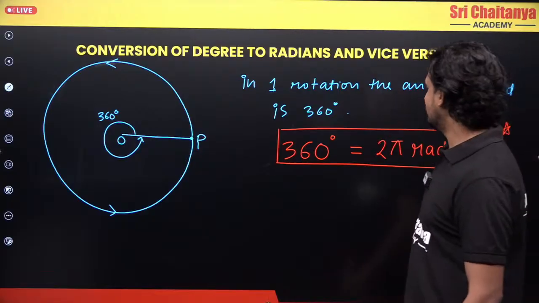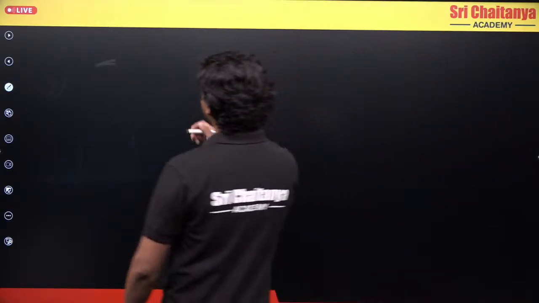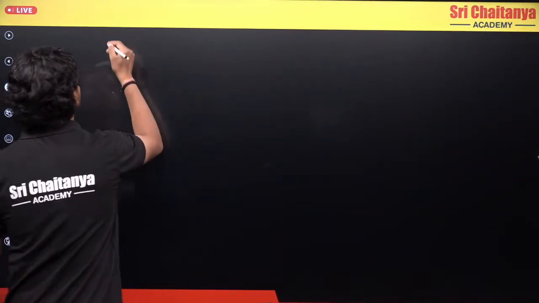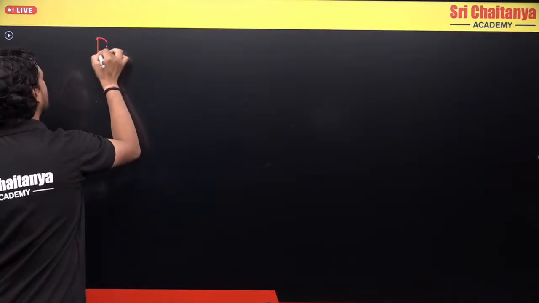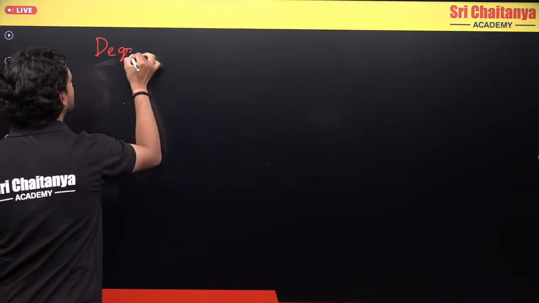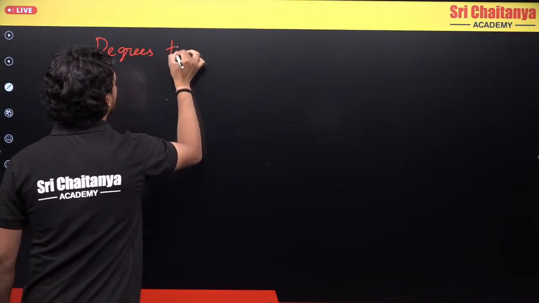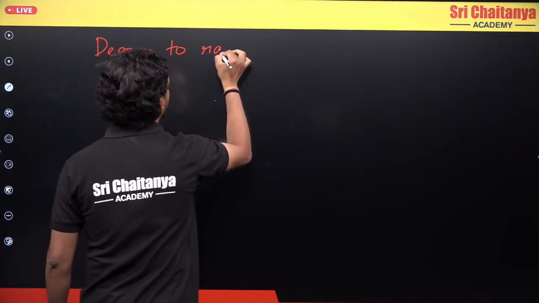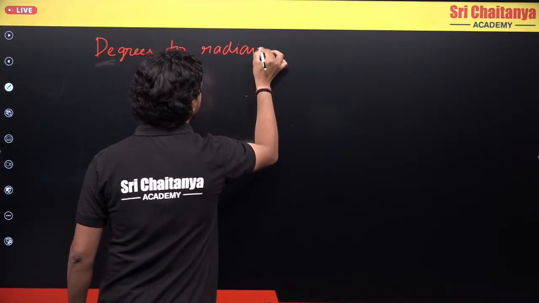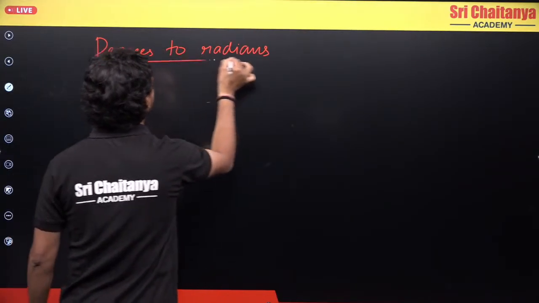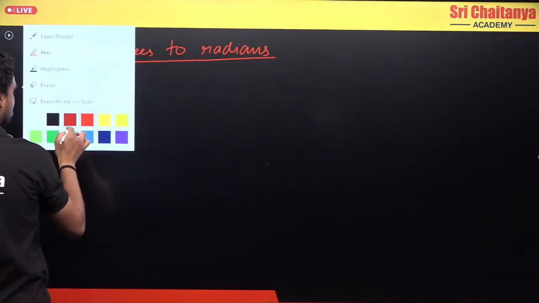So let's first do degrees to radians. We are converting degrees to radians.